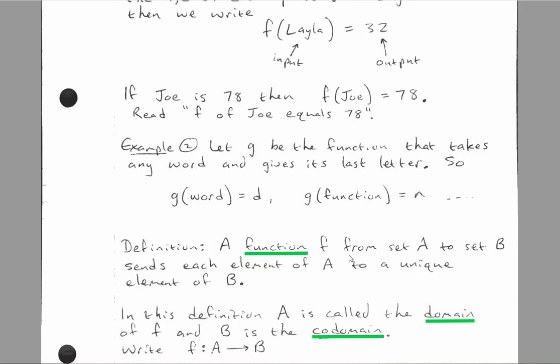Well, it works from a set A to a set B, and it sends each element of A, the first set, to a unique element of B. So for a function, we need two sets, and the function sends each, or every, element of the first set to a unique element of the second set.